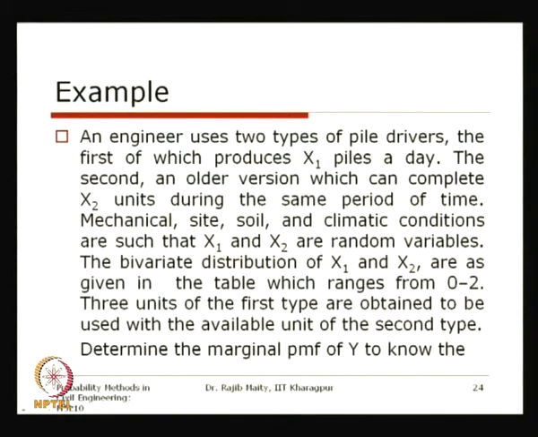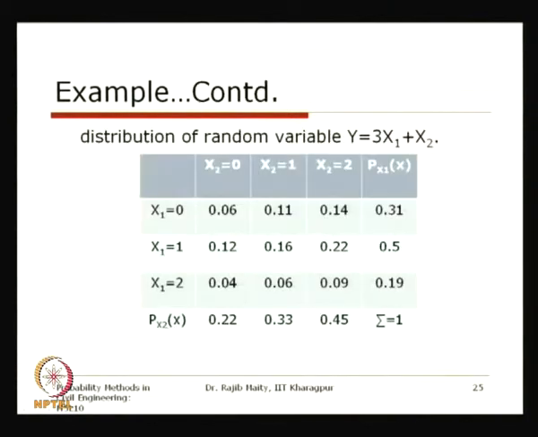What we are interested in: 3 units of the first type are obtained to be used with the available unit of the second type. Determine the marginal PMF of Y, to know the distribution of the random variable Y equals 3X1 plus X2. So our function here is 3X1 plus X2, and their joint density is given here.